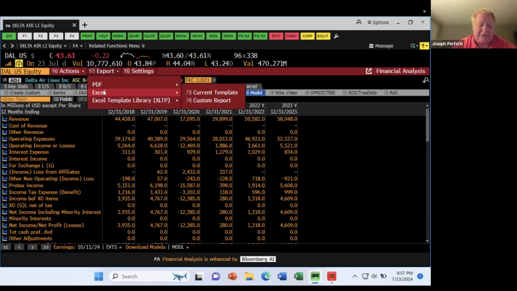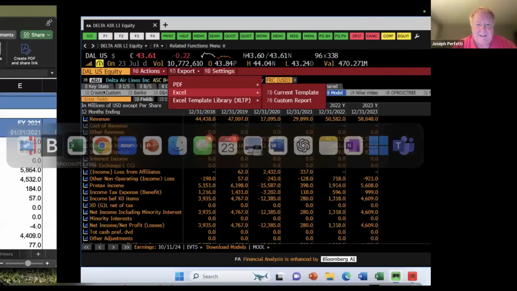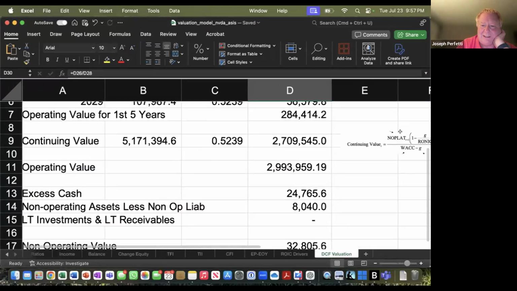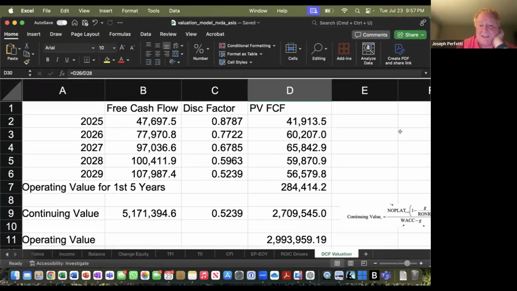But the last thing I want to show you, and we're about done, is we'll go back to this valuation model. I told you this at the beginning of class, and you can kind of visualize this now in the DCF valuation. This is the real value of Nvidia today. They're worth about $3 trillion of operating value. In the first 5 years, the free cash flow is worth 284 billion. In perpetuity, 2.7 trillion.